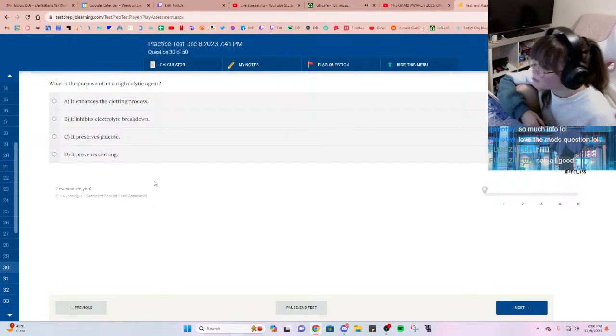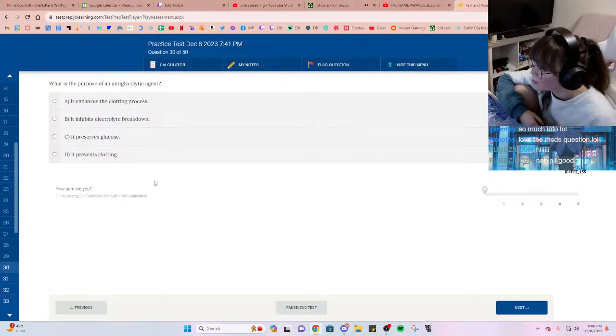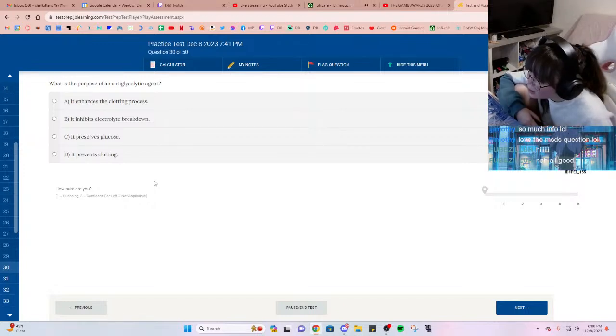I want to say it preserves glucose just because it says glyco in it. But the anti part is throwing me off. Maybe it enhances the clotting process? I don't know.